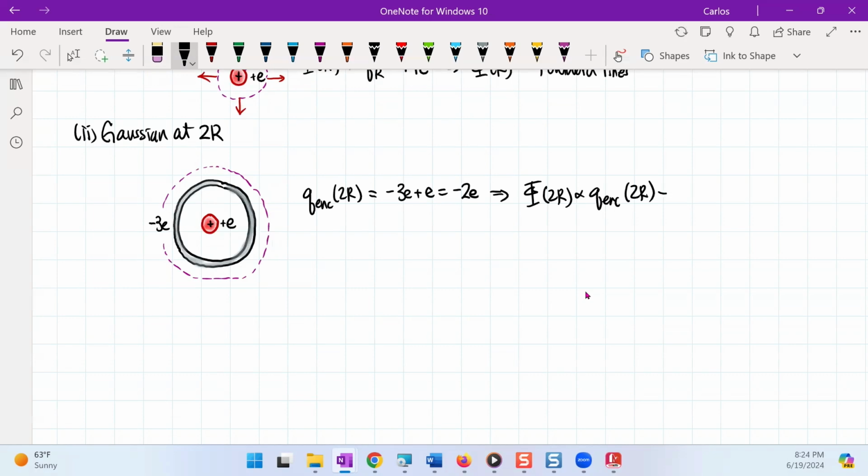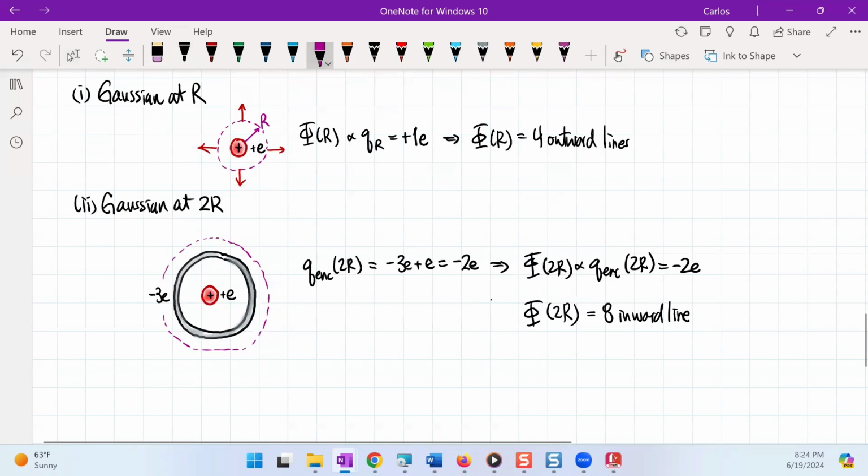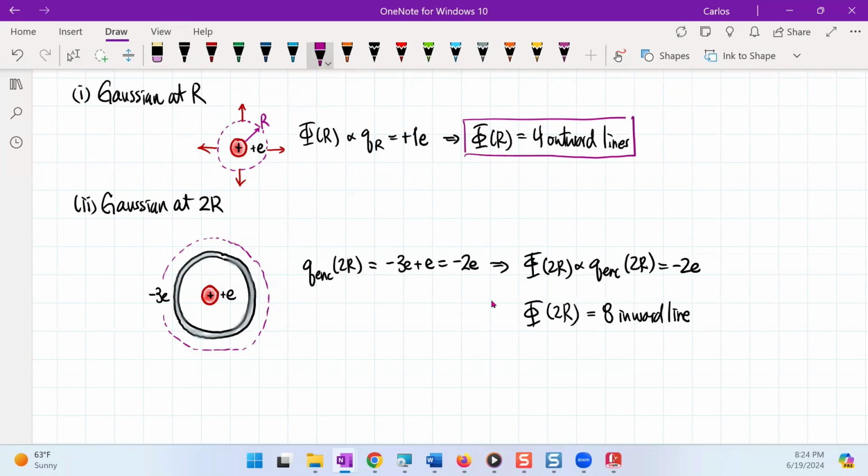But if that's equal to minus 2e, that tells us that the flux at 2R, using the same reference, I have to have 8 inward lines. Over here, we concluded that this had to be 4. Now we conclude that this guy has to have 8 inward lines.